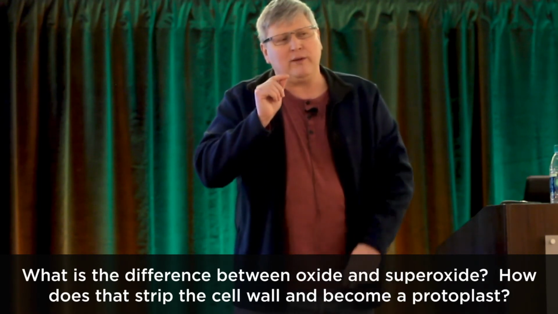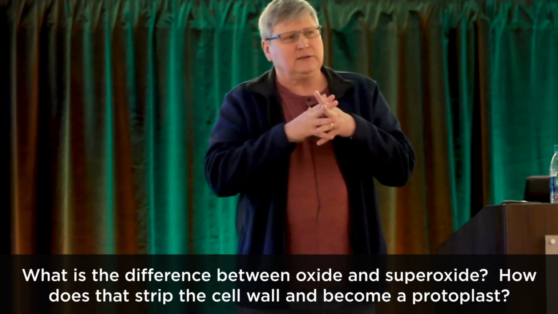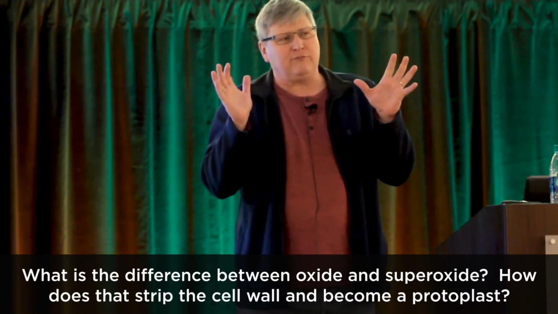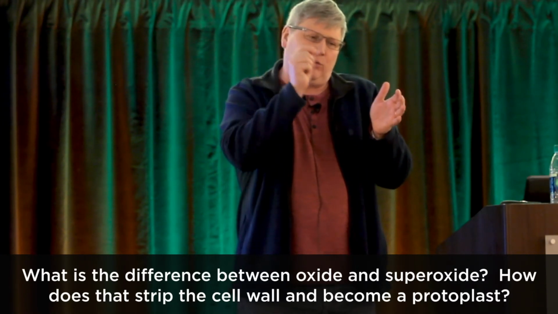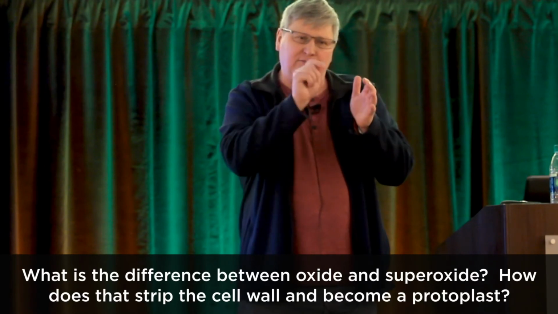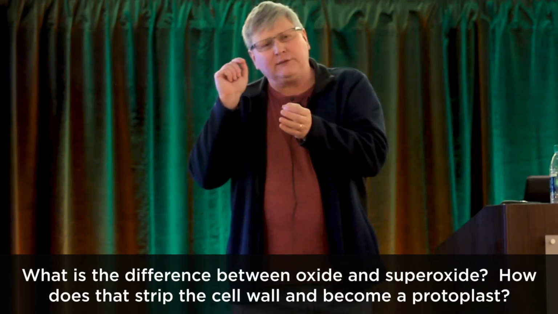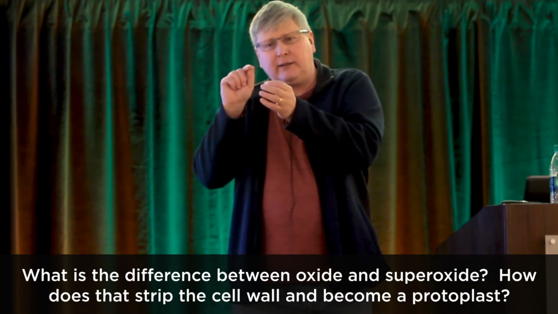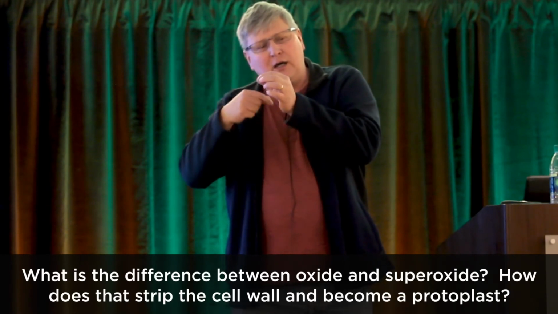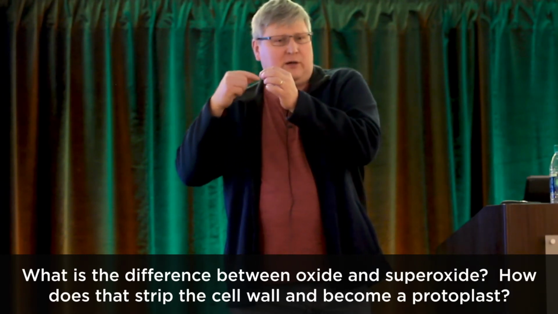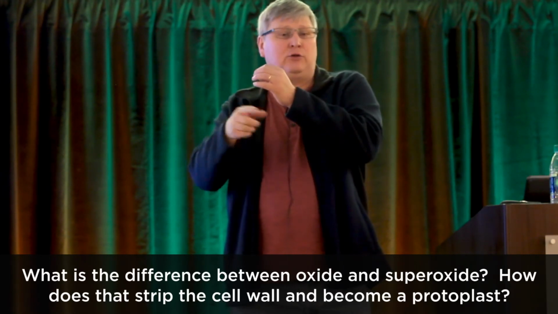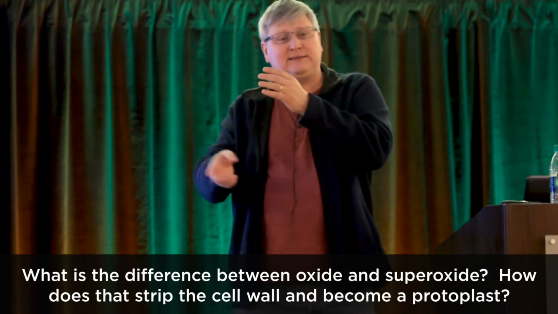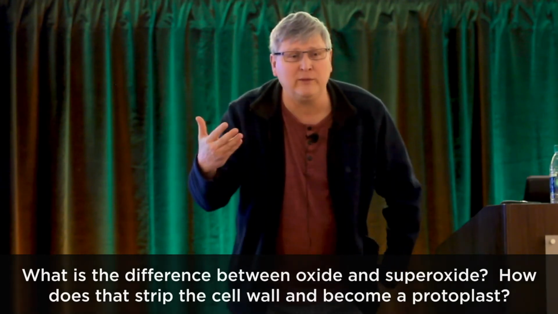The reason we think, and we don't know for certain how this is working, is that the superoxide can degrade the wall itself, and also, because it goes into the membrane, it can degrade the proteins that form the cell walls in the membrane. When those are damaged, they can't make new walls, as long as the superoxide is there. That's what we think.